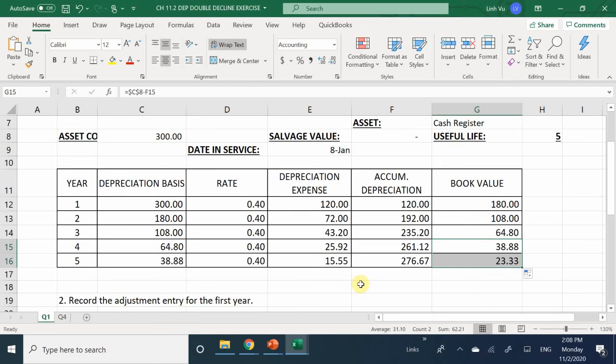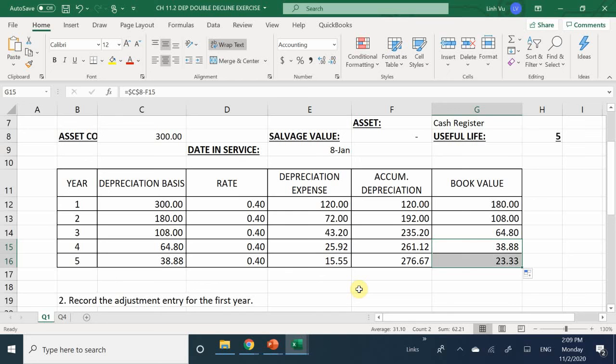So it's going to go on and so forth until you reach the end of its life. In this case, when I reach the end of its life, it's still worth $23.33. What you can do is scrap it off, take a loss on disposal of asset, or continue to keep depreciating it till it becomes close to zero.